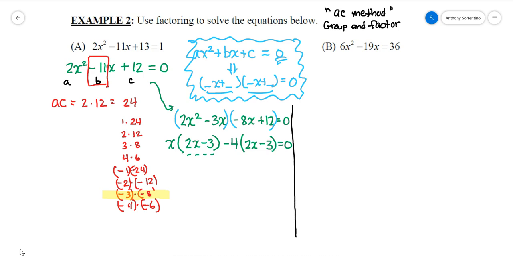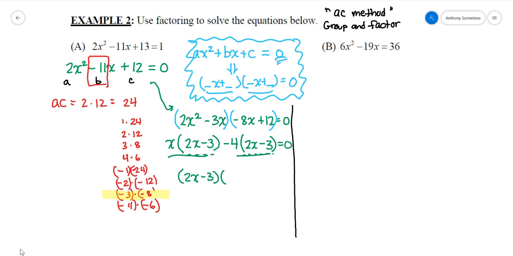Now this looks more like something I would get when I'm doing some distributive property, because now I have 2 groupings that both have a multiplication of 2x minus 3. I can then factor that out of both of these groups.